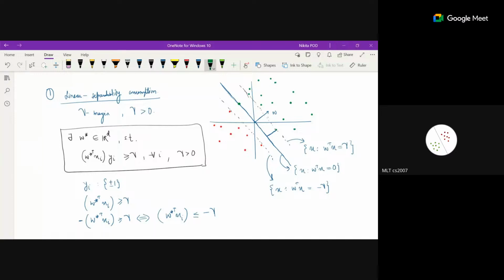That's why we make this additional assumption that there should be a gamma margin.